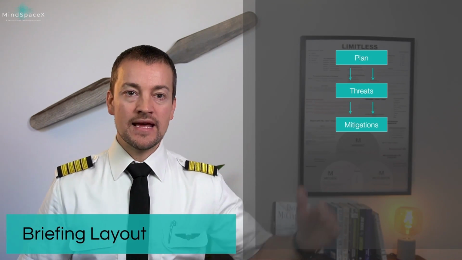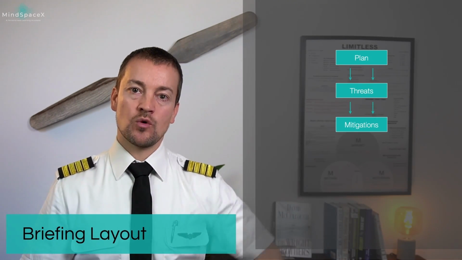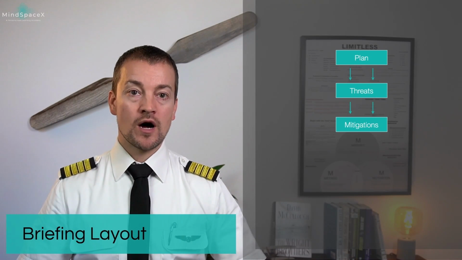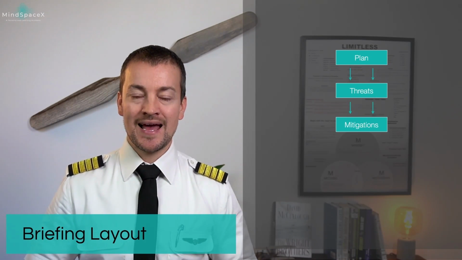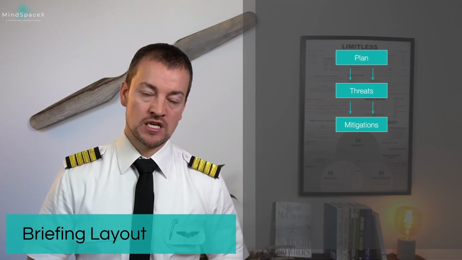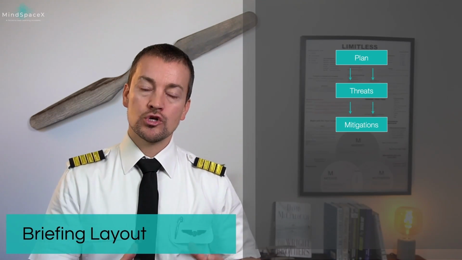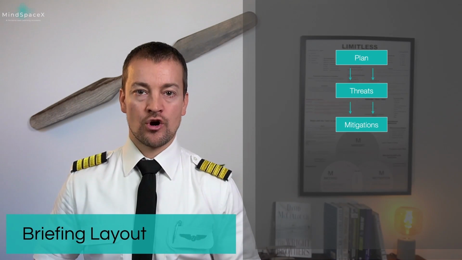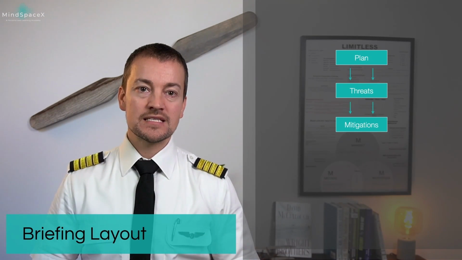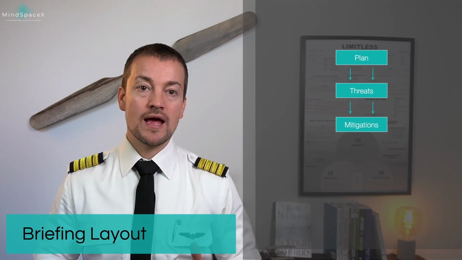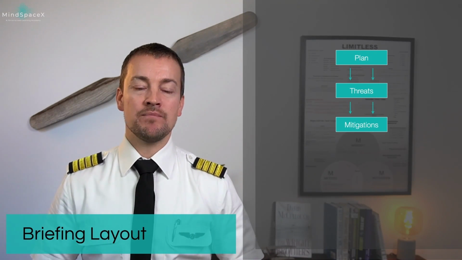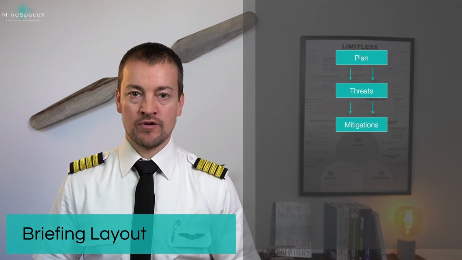Then the pilot monitoring will start with the threats. What does he or she see as the potential threats for this particular flight? And finally, the pilot flying will jump in to talk about the threats in his or her opinion. This is then done through identifying the threats and mitigating the threats and the errors.